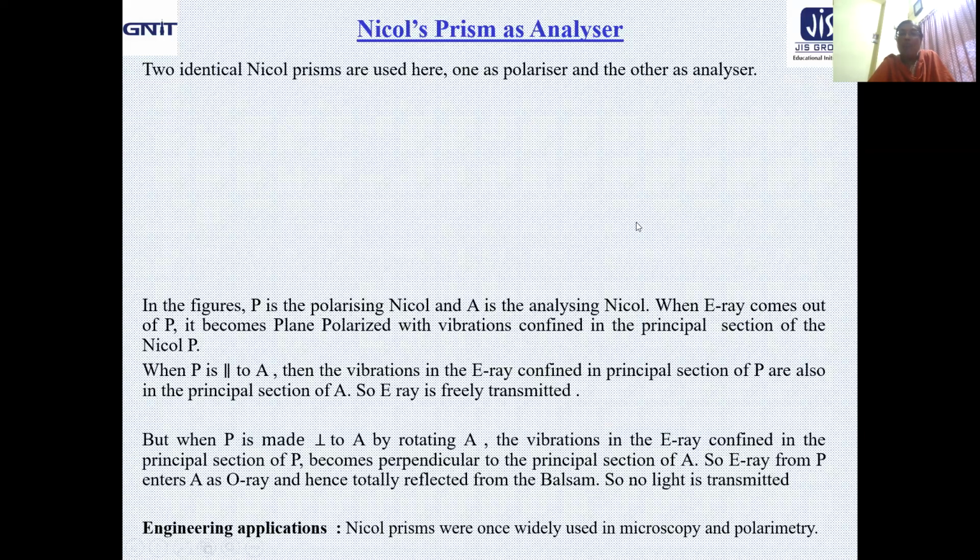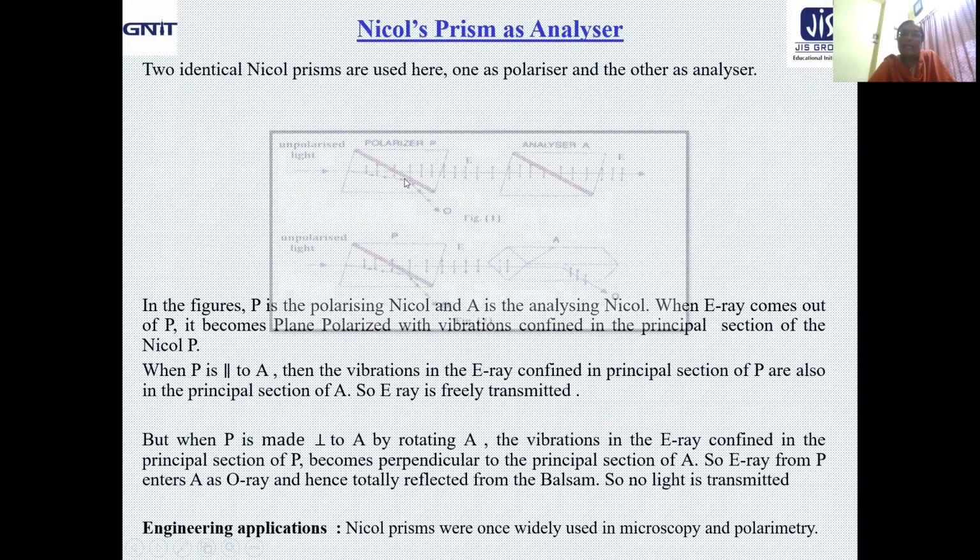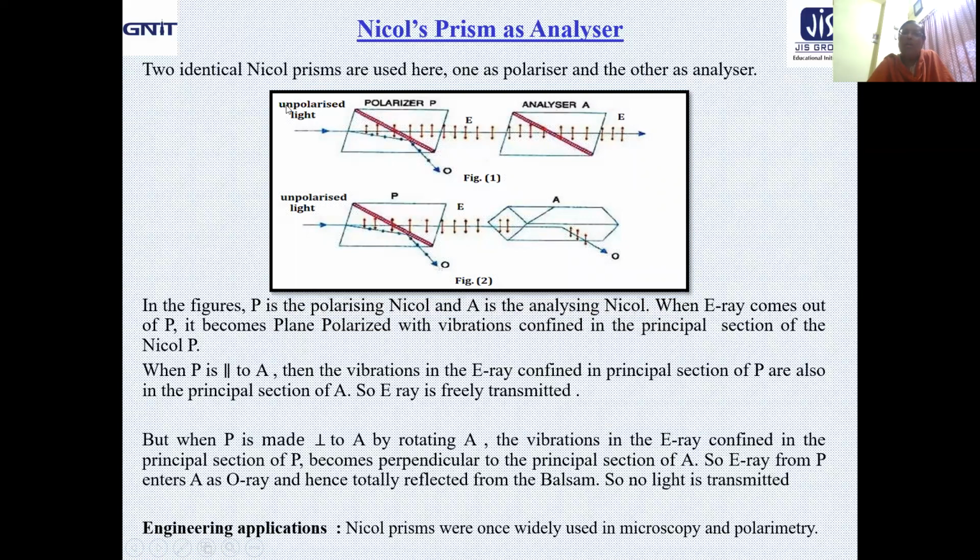Let us now move to the working of Nicol as analyzer. Now, to show the working of Nicol as analyzer, we have to take two identical Nicol prisms which are kept side by side. First one is the polarizing Nicol P and second one is the analyzing Nicol A. In both figures, we have taken two Nicol prisms P and A as polarizer and analyzer.